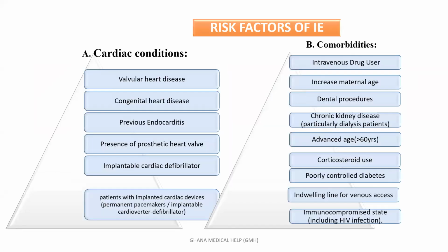So let's move to the risk factors of infective endocarditis. So we have the cardiac conditions and the comorbidities. So we have valvular heart disease, congenital heart diseases, previous endocarditis, presence of prosthetic heart valve, implantable cardiac defibrillator, and patients with implanted cardiac devices, that is the permanent pacemakers and the implantable cardioverter defibrillator.